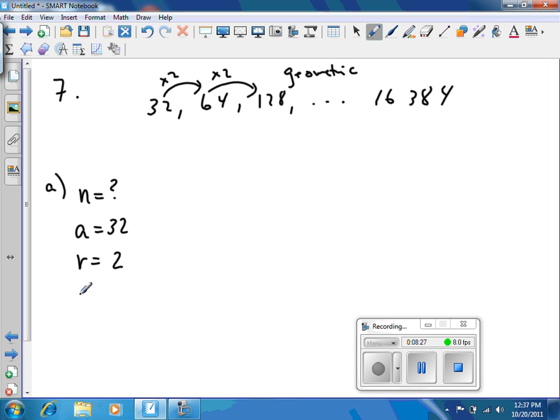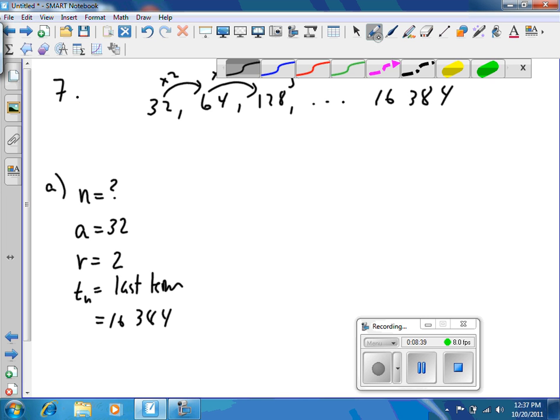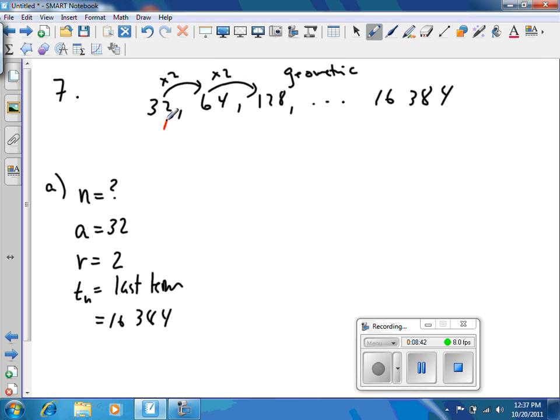I know the last term, or the general term. The last term is 16,384. And this is where the schematic might be good for some of you, because this is term 1, this is term 2, this is term 3, and this is the, well, we're not sure yet, are we? The nth term.